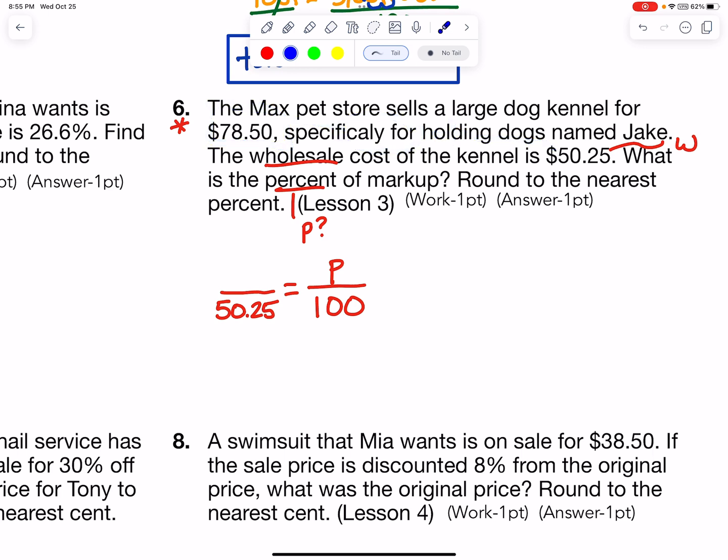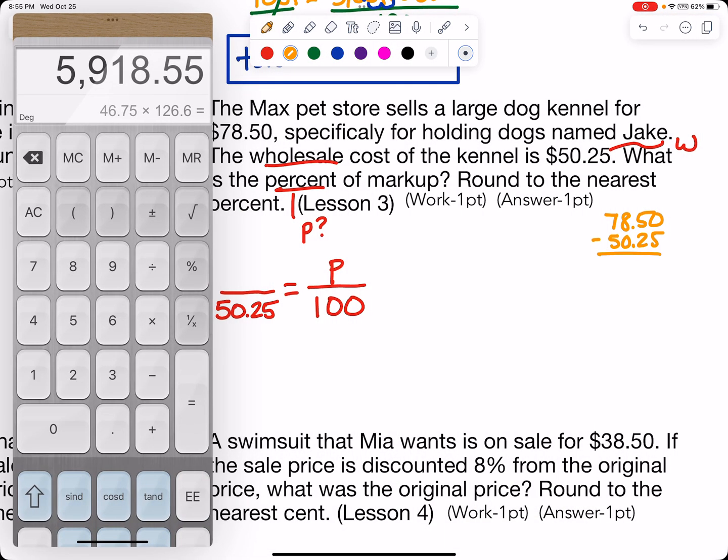So let's go ahead and on the side, I'm just going to do a little markup work. So if we had $78.50 as a final, I'm going to subtract the original, and we have $78.50 minus $50.25, and we had a markup.